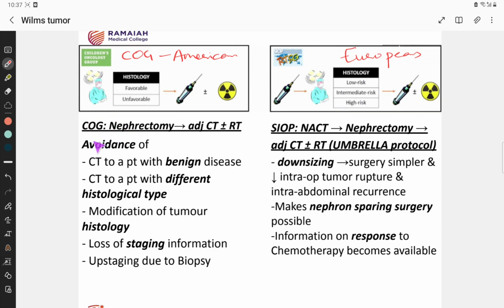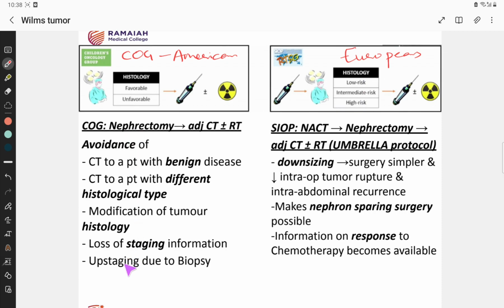So what are the advantages of COG? By going with the COG, you will avoid giving chemotherapy to a benign disease. You will also avoid giving chemotherapy to a different histological type which may not need it, and this will also avoid any modification of tumor histology that can happen post NACT. Post NACT there can be loss of staging information also, which can be avoided.